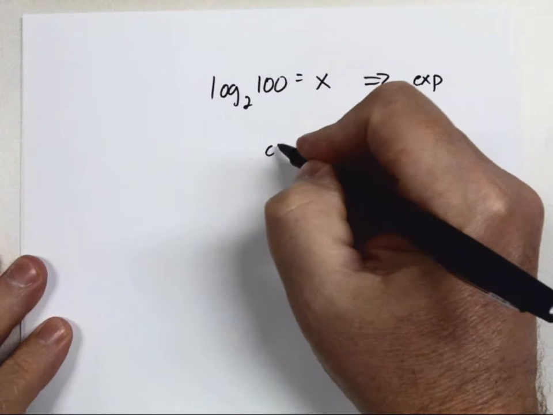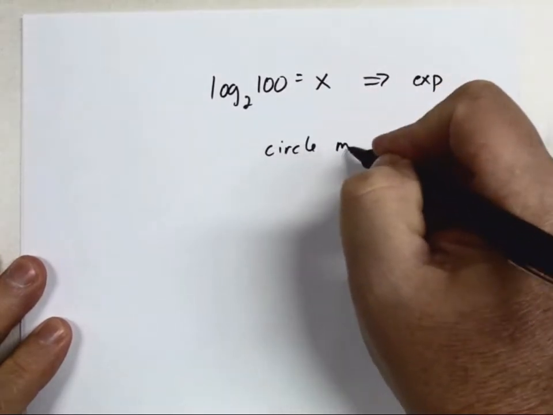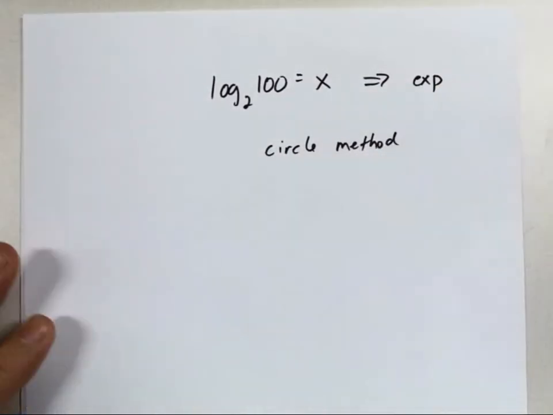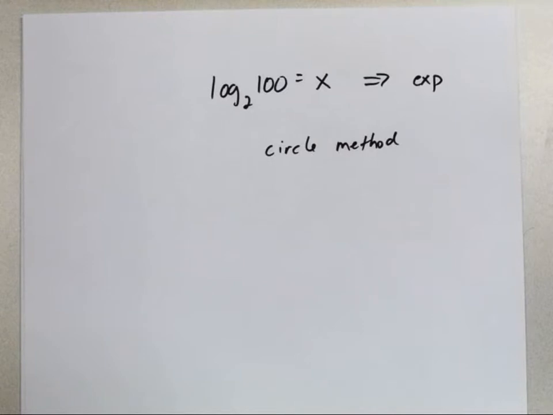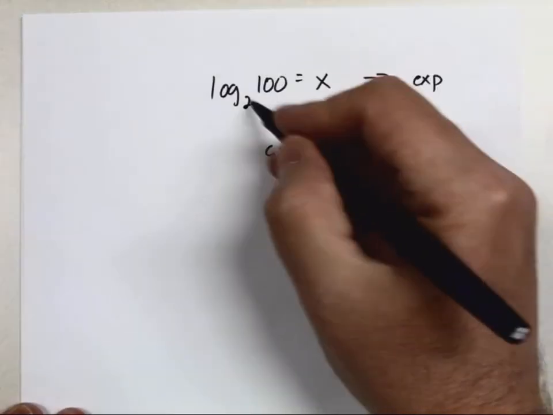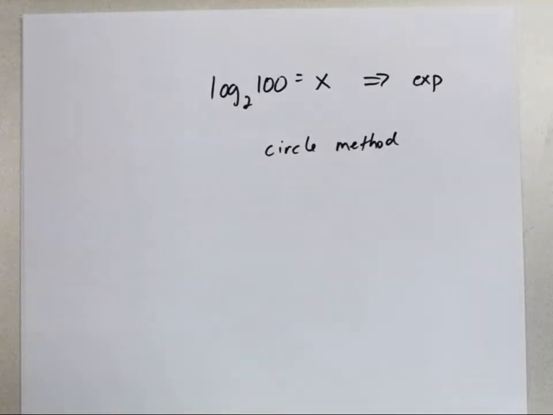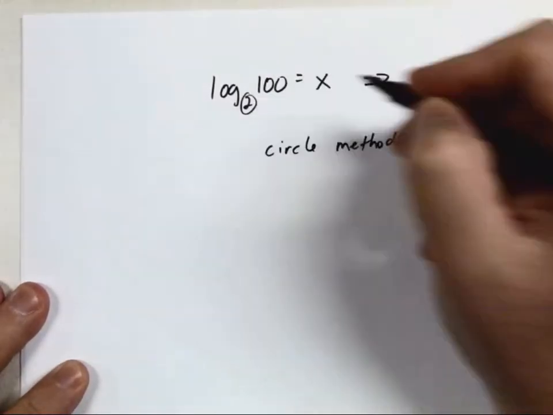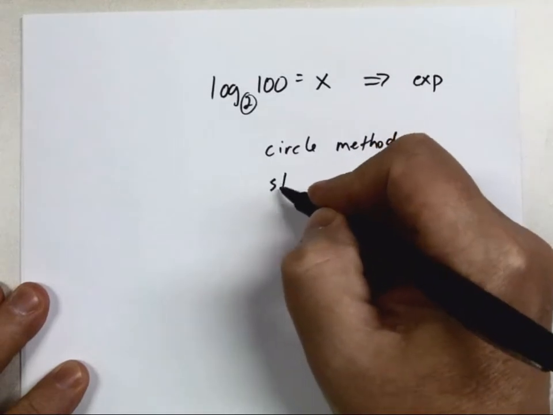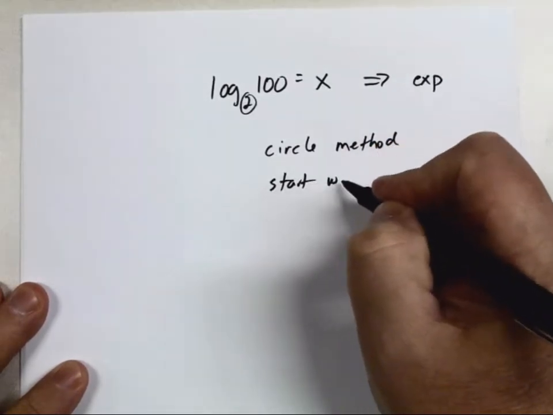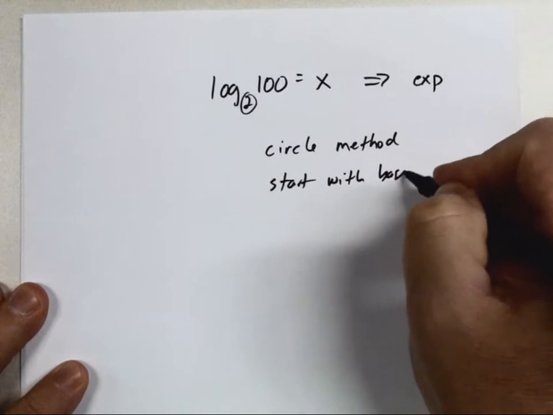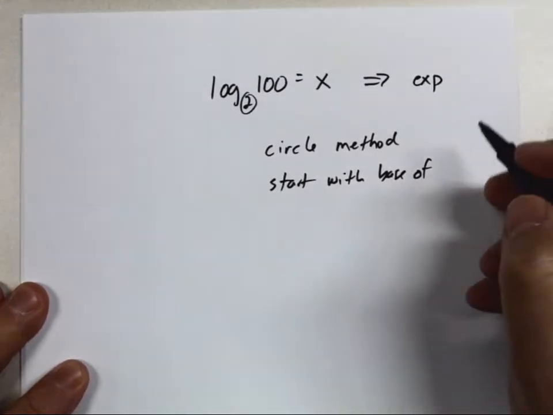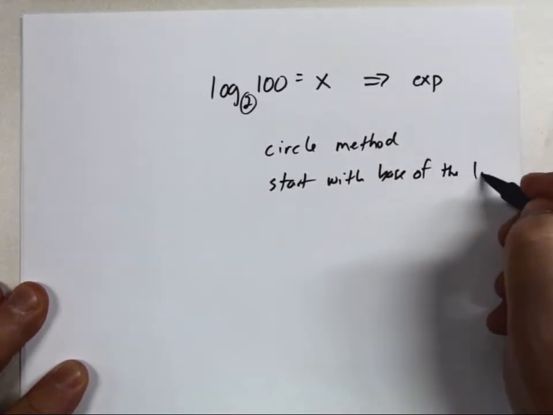Now this I call the circle method, because it's almost like what you're going to do is sort of make like a circle when you look at this log equation. What you do, you always start with the base of the log.